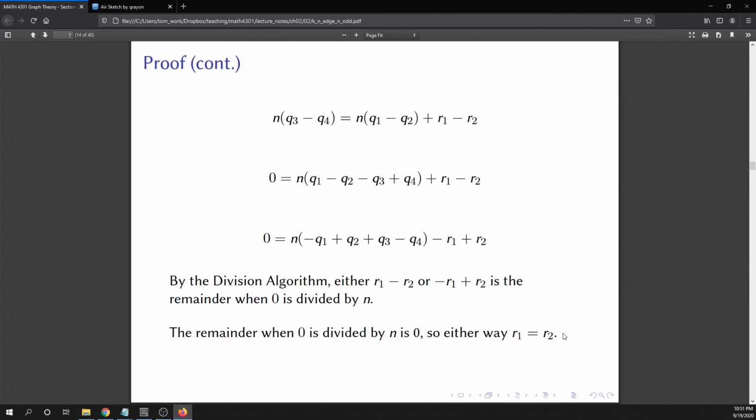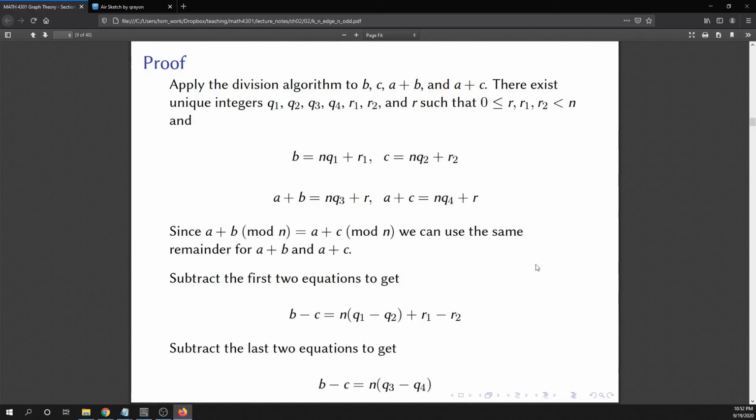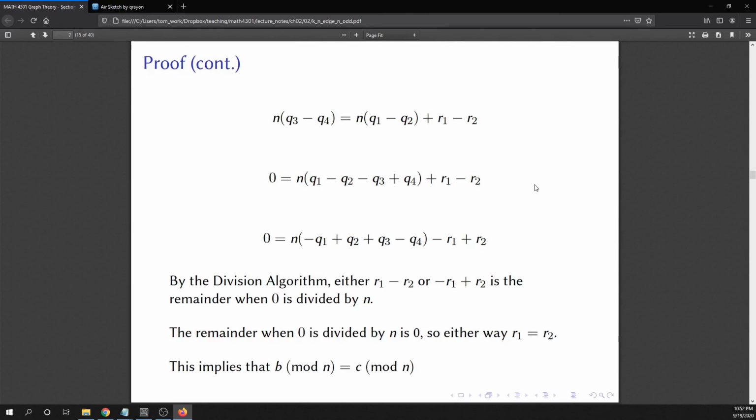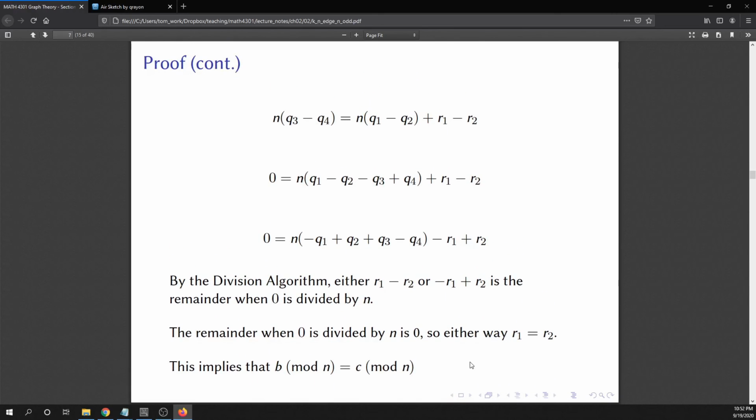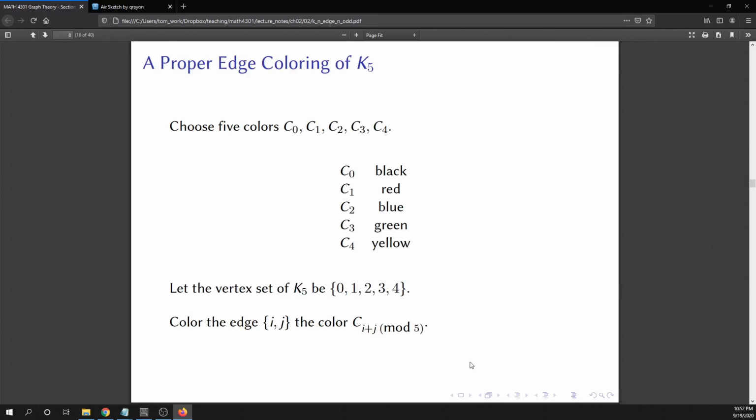Okay, and if you go back and look at what r1 and r2 were, r1 is the remainder when b is divided by n, and r2 is the remainder when c is divided by n. So what that says is that they have the same remainders when divided by n. In other words, b mod n is equal to c mod n. Okay? So that is what we need to get our proper edge coloring of K sub n.